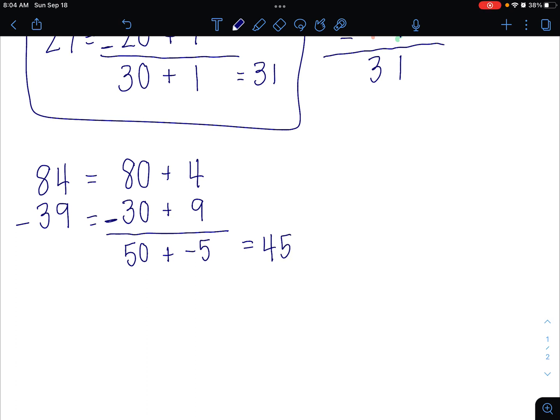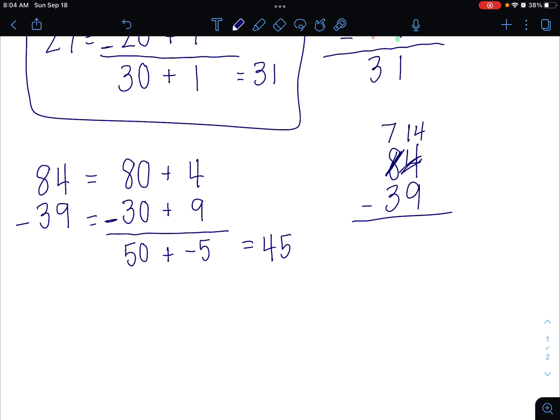Now I'm going to show you how that looks when we're working with our traditional algorithm. So if I have 84 and I want to subtract 39, looking here, I can't do 4 minus 9, so I have to borrow. Now remember, this is the tens place, so instead of 8 tens, I'm going to have 7 tens. And instead of 4 ones, now I borrowed 10, so I have 10 plus 4, which is actually 14 ones.